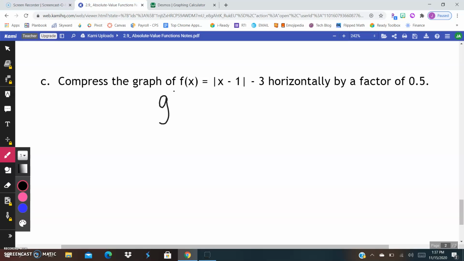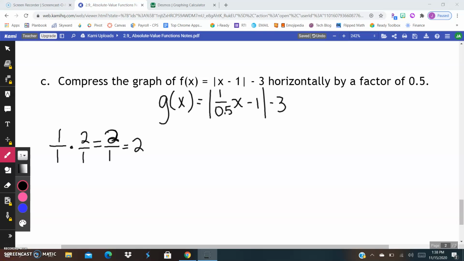So our g of x is going to be the absolute value of 1 over 0.5 x minus 1 and then minus 3. 1 over 0.5 is like 1 divided by 1/2. So that's keep, change, flip. So I did that over here and got 2 for my answer. So g of x is really absolute value of 2x minus 1 minus 3.